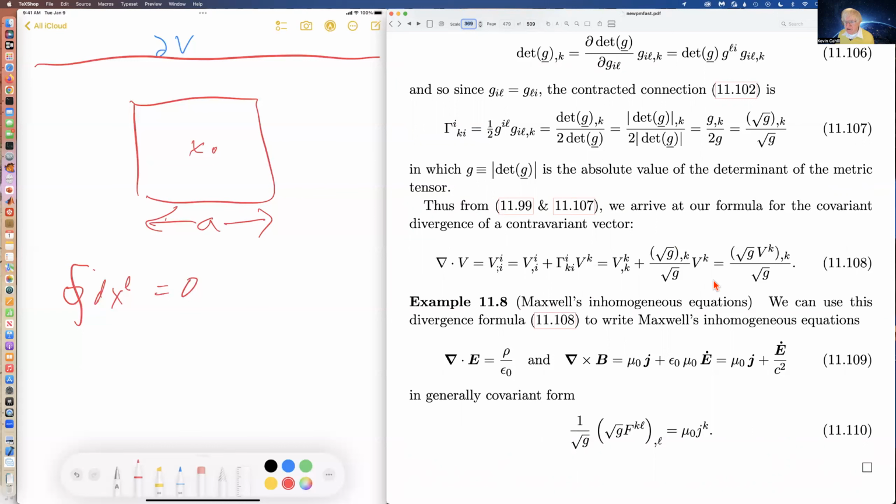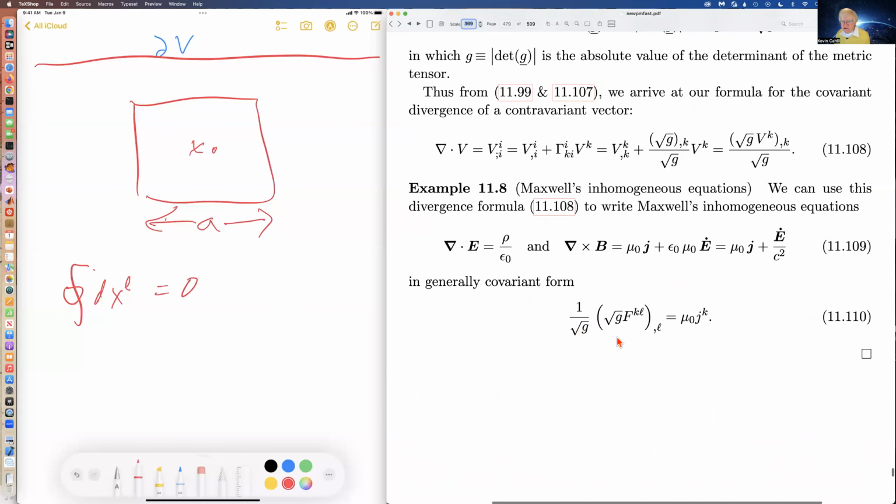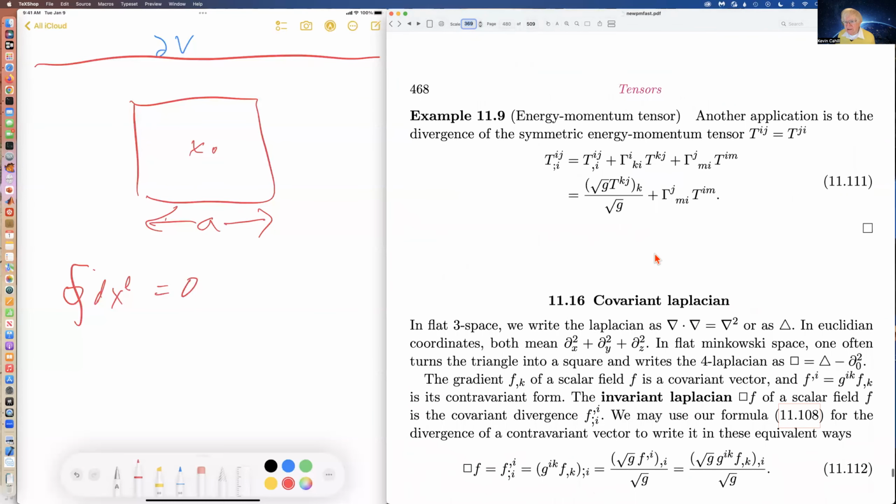But it turns out that that has a form that can be written more simply in this way. And so when you apply this to Maxwell's equations, you can see that Maxwell's inhomogeneous equations can be written this way. And the covariant derivative of the energy momentum tensor also takes a somewhat simpler form.